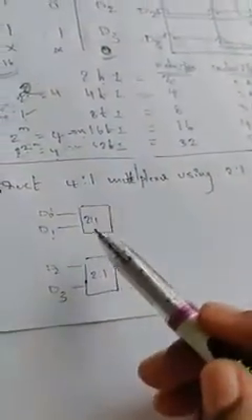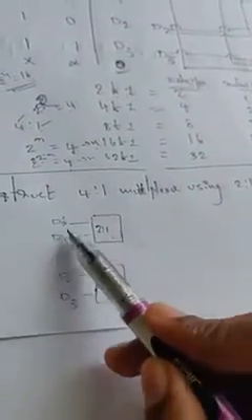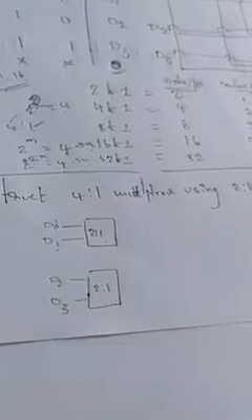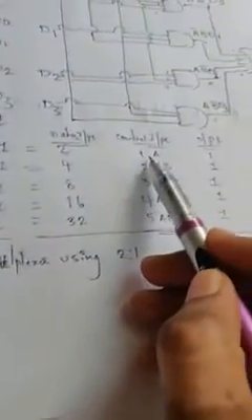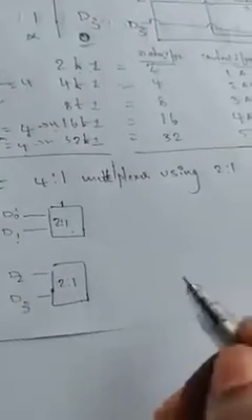Both these 2:1 multiplexers have two data inputs. When there are two data inputs, how many control inputs? One control input.